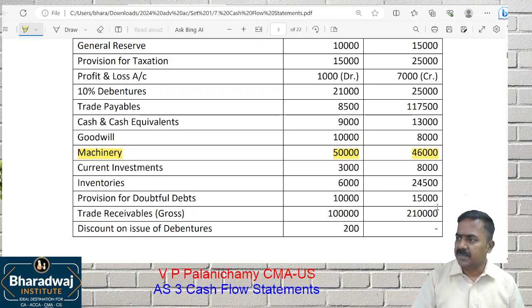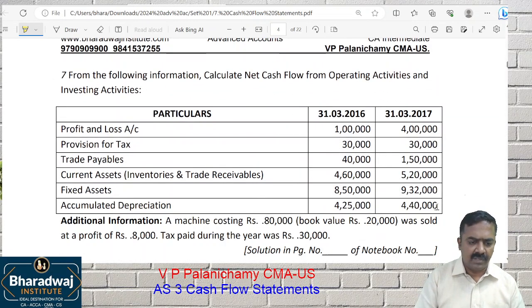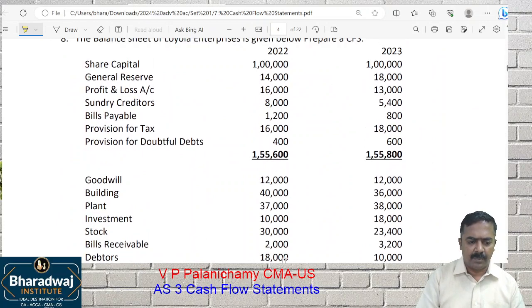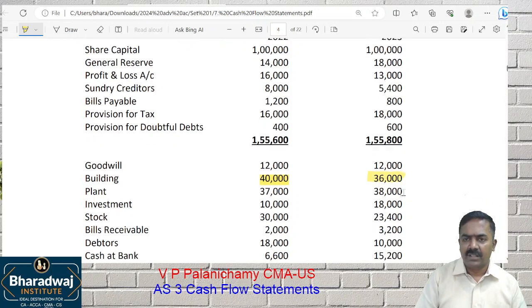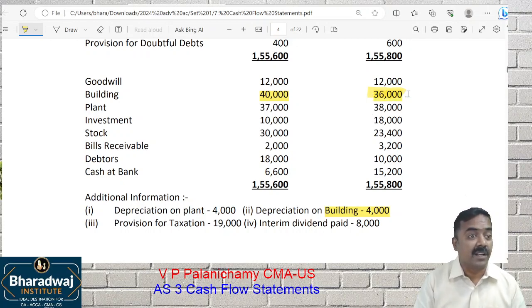Otherwise, they would have given some sale of assets. Or look at a question where opening balance of building is 40,000 and closing balance 36,000. Is it taken as a sale of investment? No. Depreciation on building of 4,000 is given. So opening balance 40,000, depreciation 4,000, closing balance 36,000. There is no purchase or sale of building.